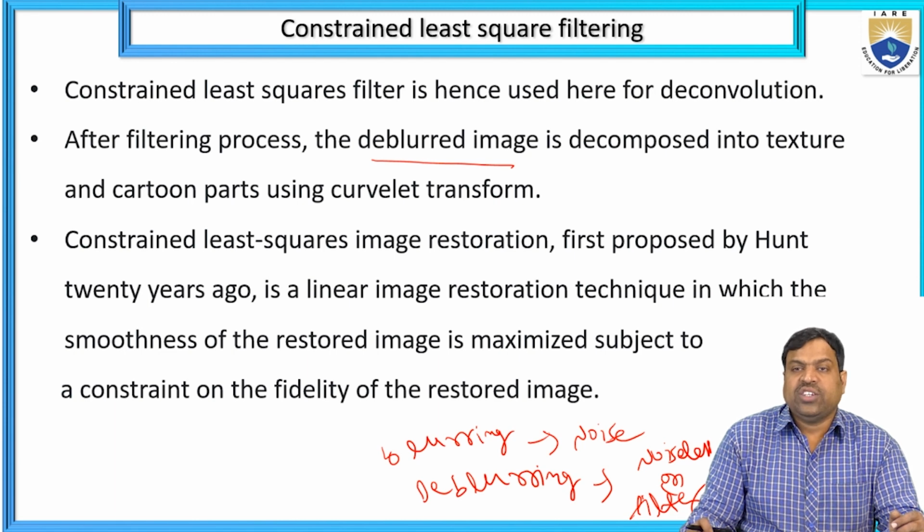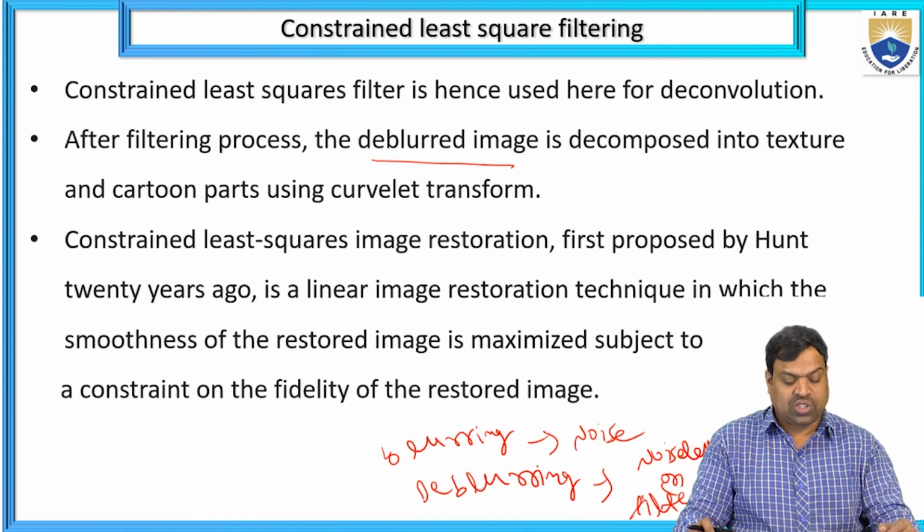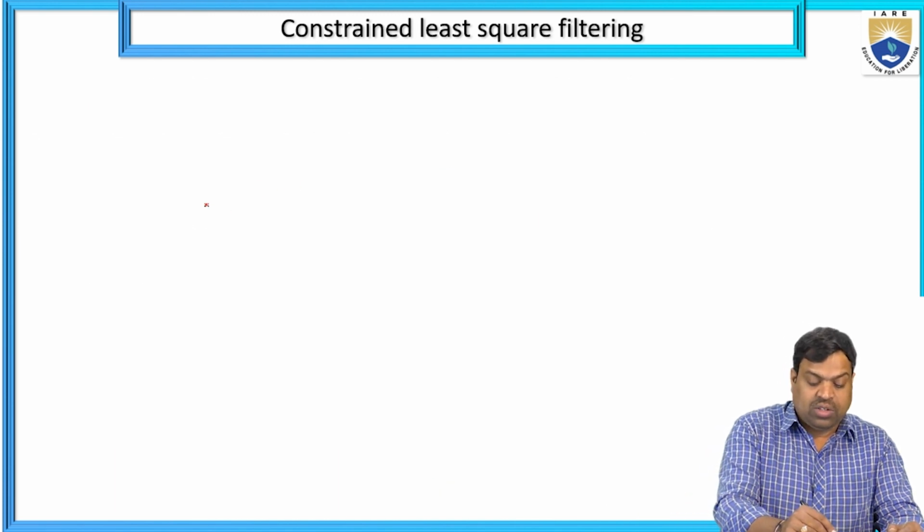Constrained least square image restoration, first proposed by Hunt 20 years ago, is a linear image restoration technique in which the smoothness of the restored image is maximized, subject to the constraint on the fidelity of the restored image.